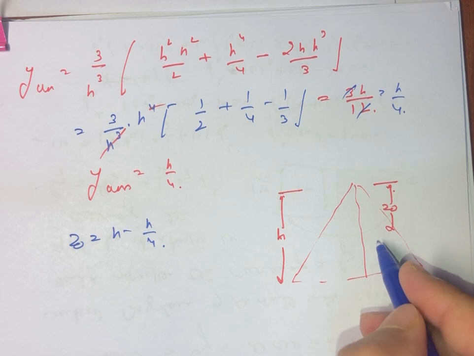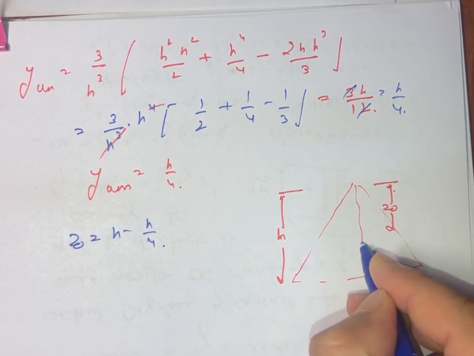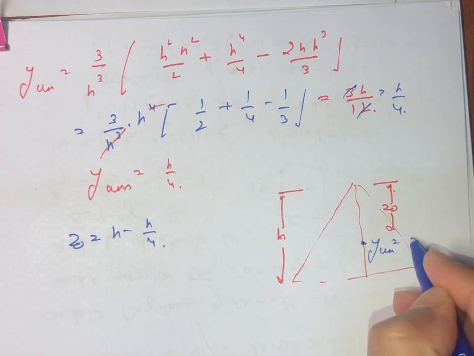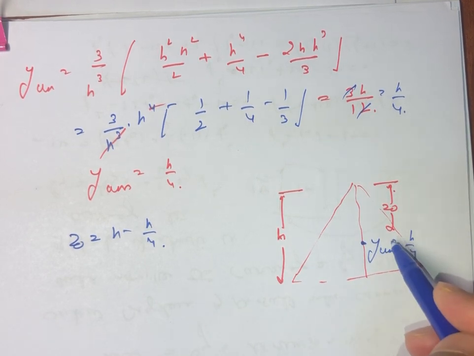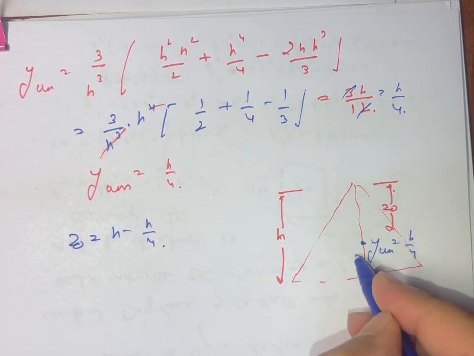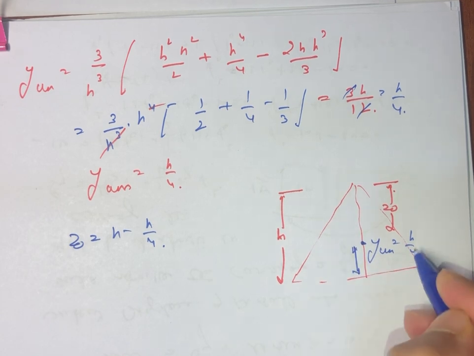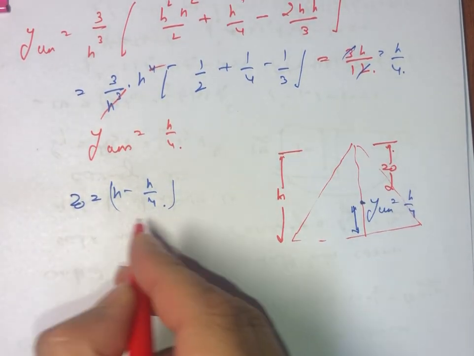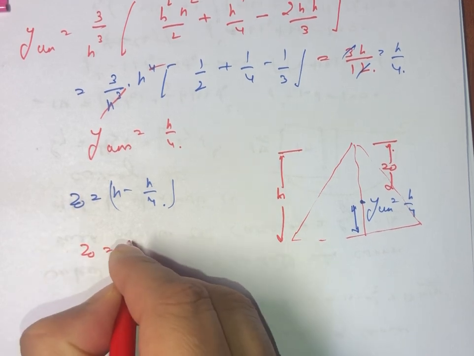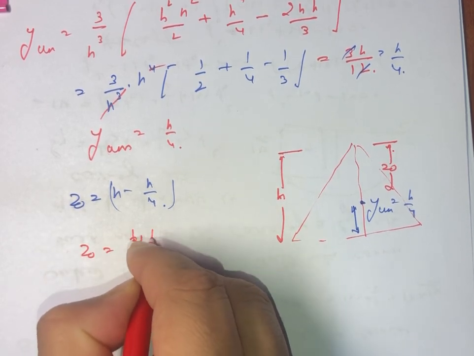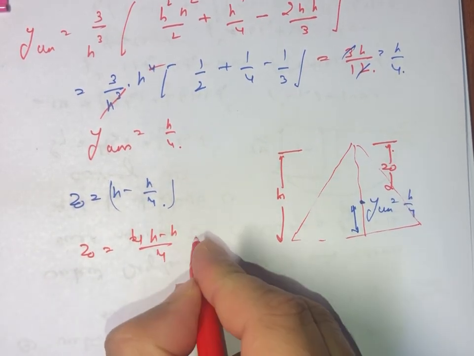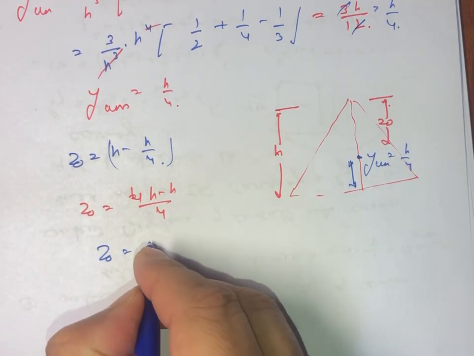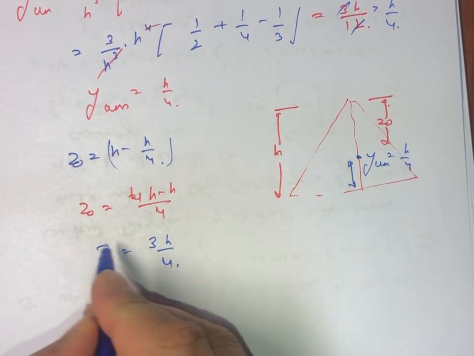Therefore z0 is equal to 4h minus h upon 4, or we can say z0 is equal to 3h upon 4.